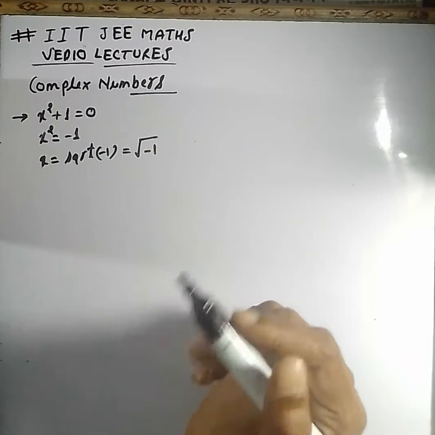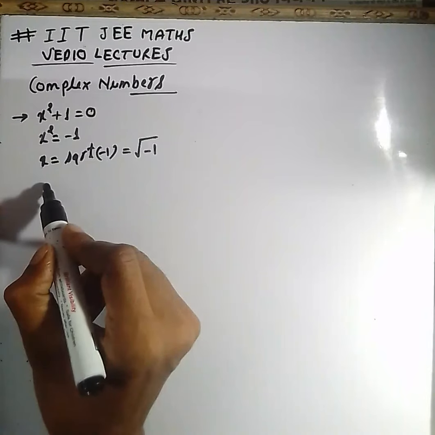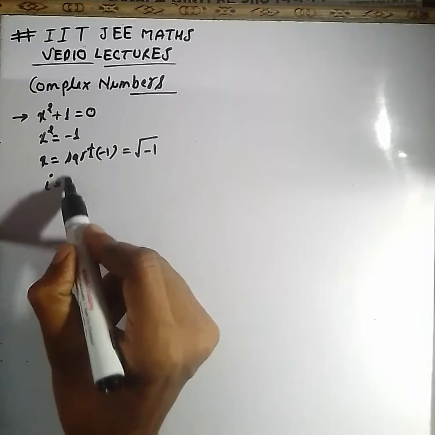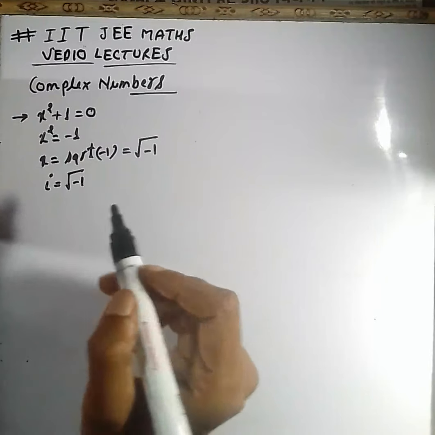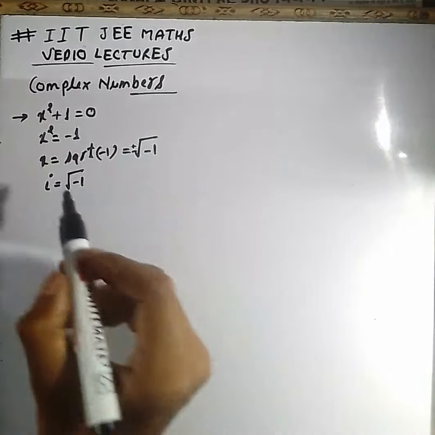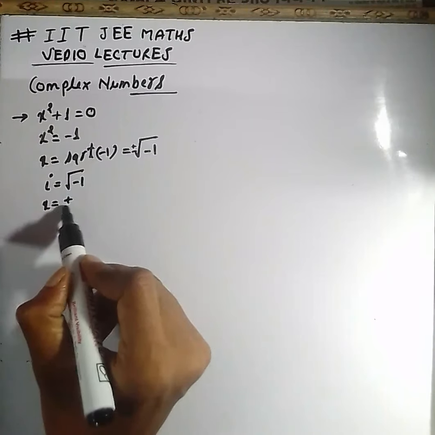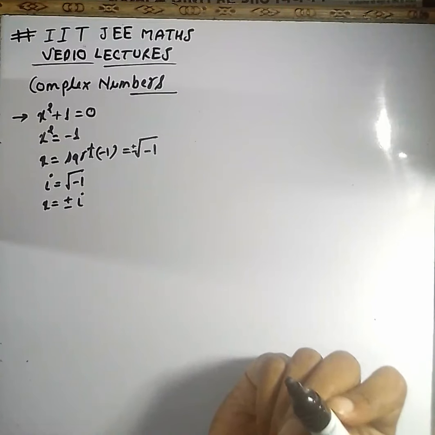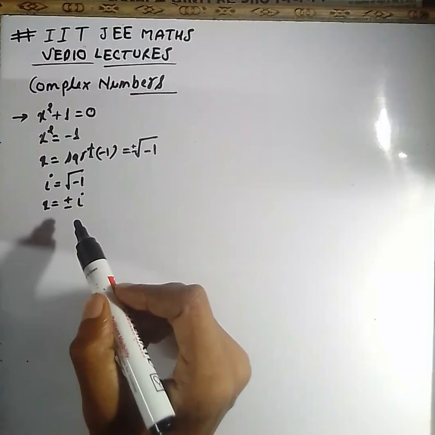If I assume that icon is small i, and small i has a value of square root of minus 1, so now x will be plus minus i. So the solution for the above equation is x equals to plus minus i.